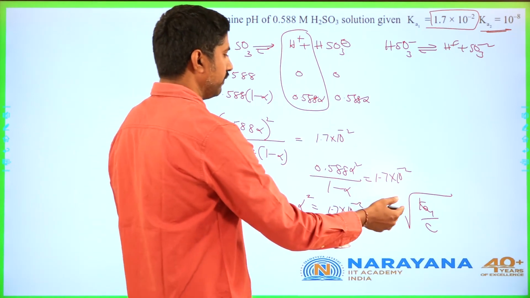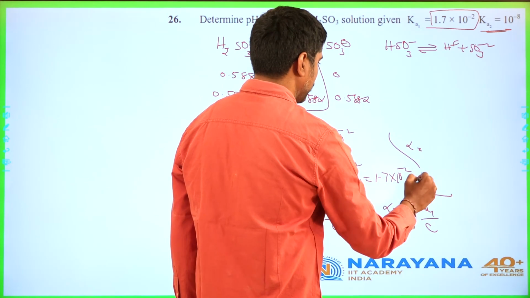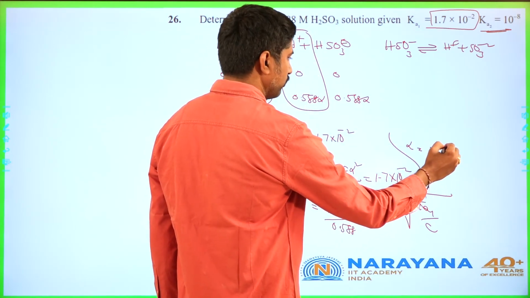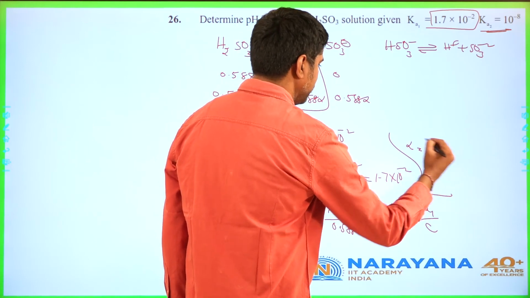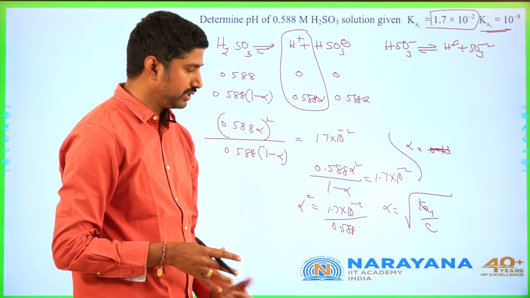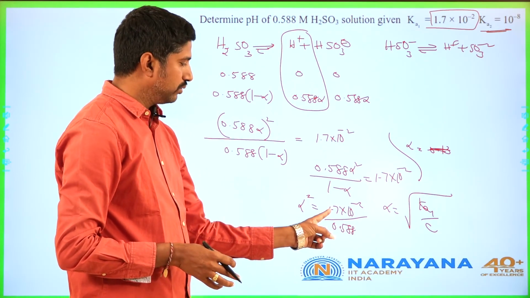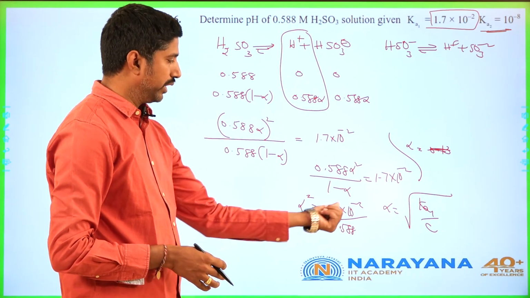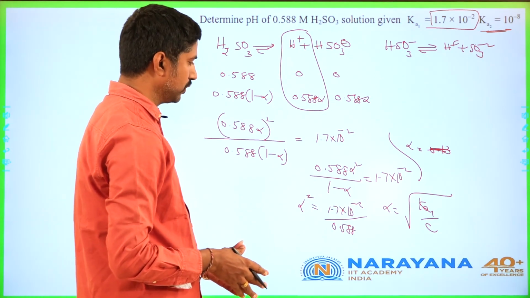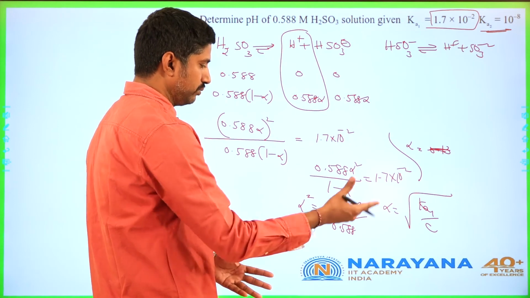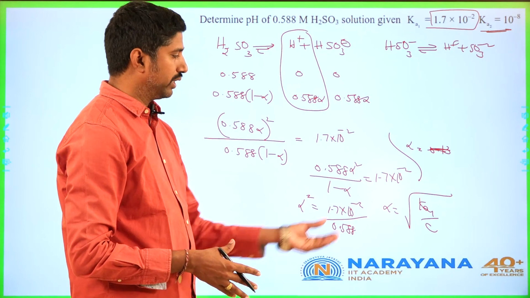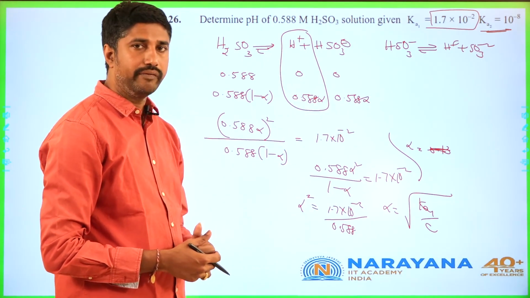So this value of alpha is around 0.17. Check the alpha value exactly. So approximately 3 into 10 power minus 2 we can write. So simplify that, take the root of the value, substitute that and identify them.